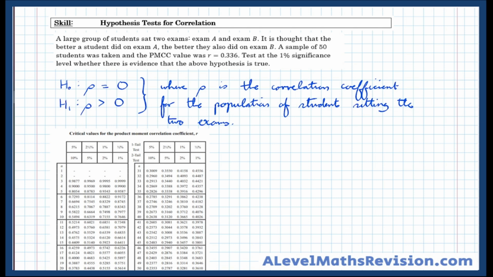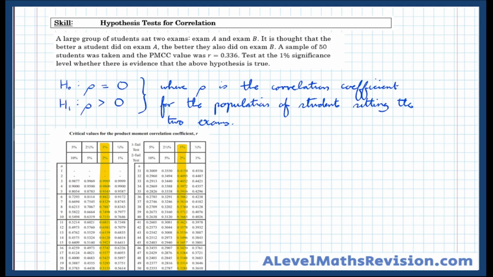And it does it for different sample sizes, that's this number down here, and different significance levels, whether it be one tail or two tail. So here it's a one tail test because we know we're testing the right hand tail, we know we're looking for a positive correlation, and we're testing at the 1% significance level. So one tail, 1%, there it is there. These are the relevant numbers.